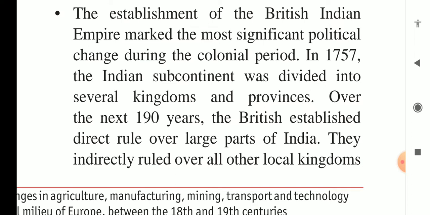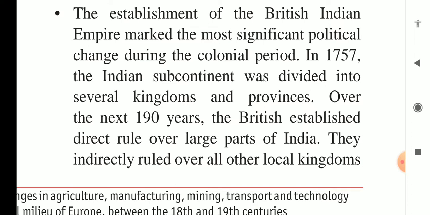Let us see. In 1757, the Indian subcontinent was divided into several kingdoms and provinces. Right? So just try to recall the thing. When the royal charter was granted in 1600, they just came to India.